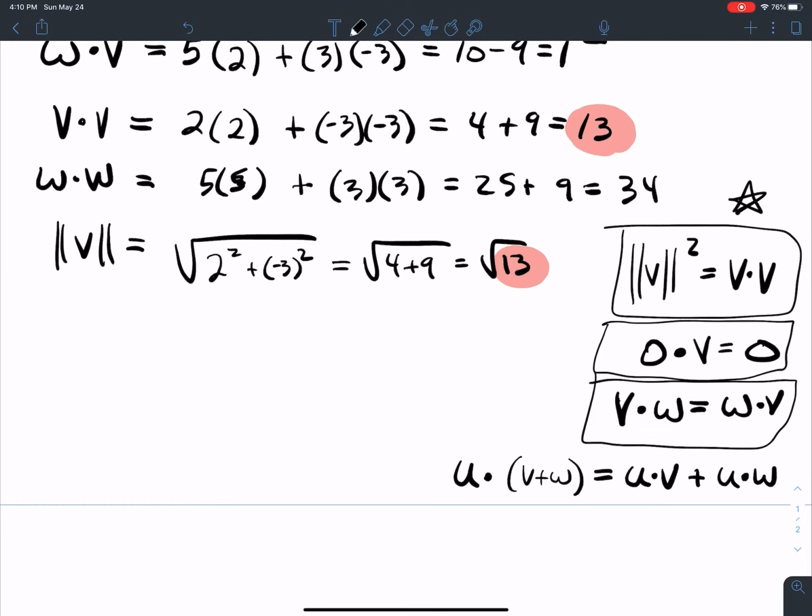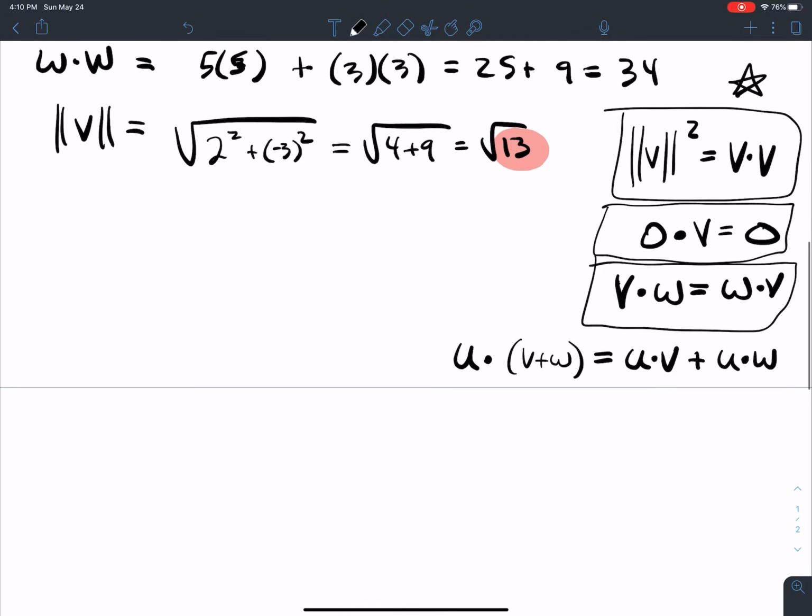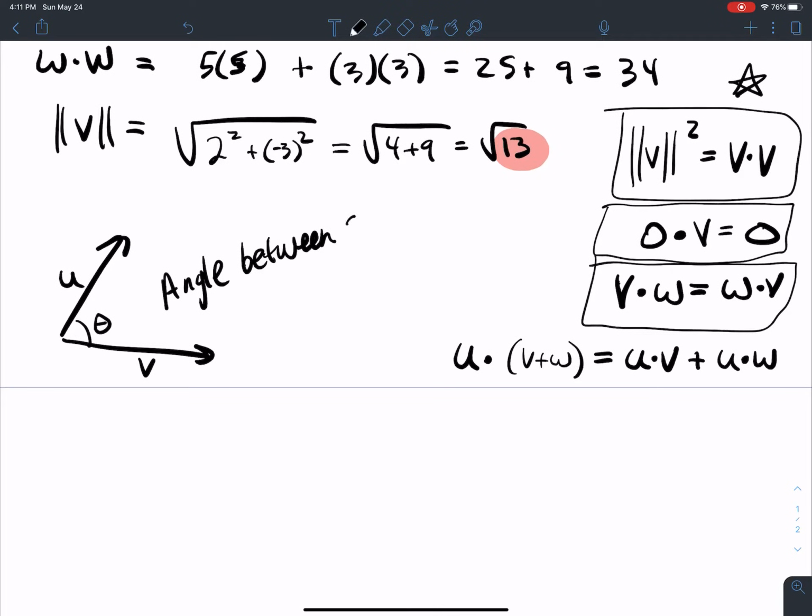All right, so what I want to do is find the angle between two vectors. So say I have a vector u and some vector v here. There ought to be some way that I can use trigonometry to find that angle theta, the angle between two vectors. That's what I'm looking for.